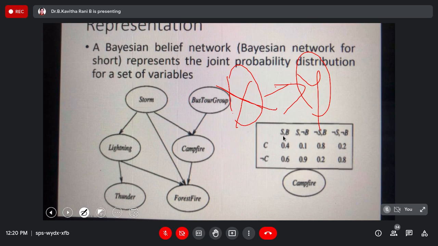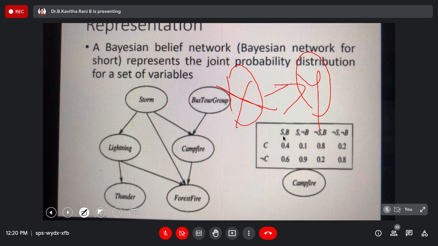That means the belief, the probability of your parents existing, will determine the probability of the child existing. So what is happening here? It is providing some belief, some confidence. If this exists, then this happens, and if that happens, then this also happens. Like this we are getting some confidence.